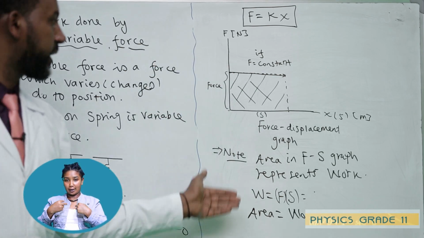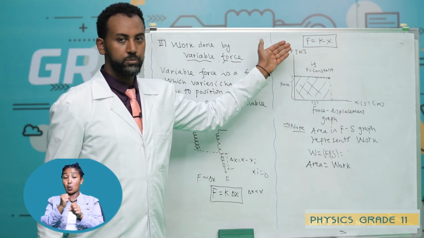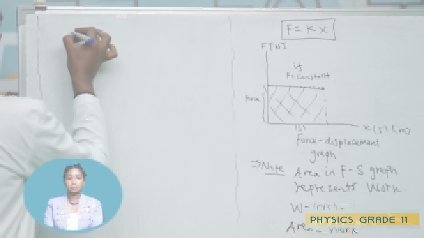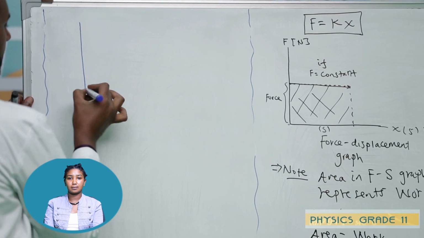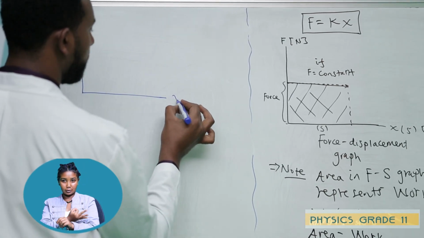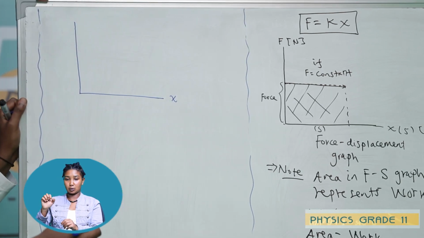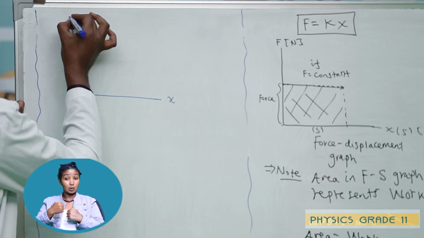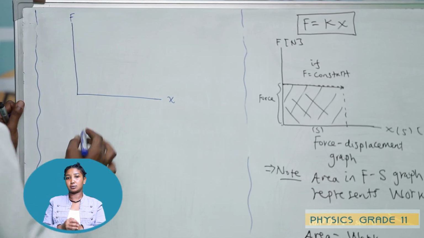We can represent the work done by a variable force on a force displacement graph. The vertical variable is force, the horizontal variable is displacement. We can take it as x, as usually for a spring and elastic materials we take it as x. And here you have force F.